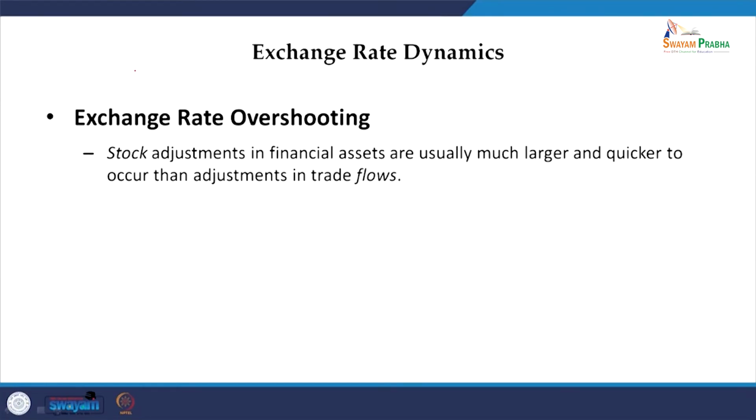There is another concept called exchange rate overshooting. Due to the market determined rate of foreign exchange, many fluctuations are observed in a very short period, because stock adjustments in financial assets are usually much larger and quicker to occur than adjustments in trade flows.